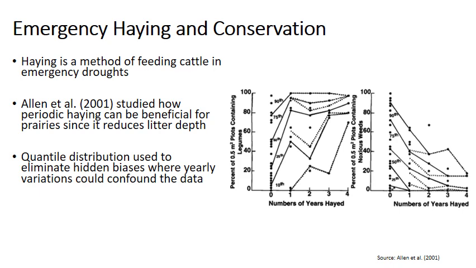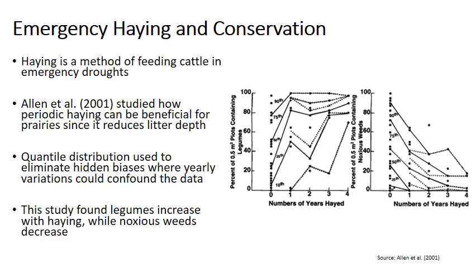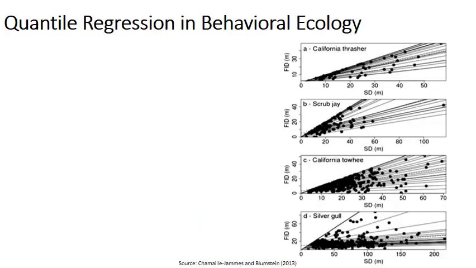And quantile distribution was used to eliminate the hidden biases where yearly variations in your haying could confound the data. So this study found that with haying, your legumes increase, so your nitrogen fixing plants, whereas noxious weeds decrease.